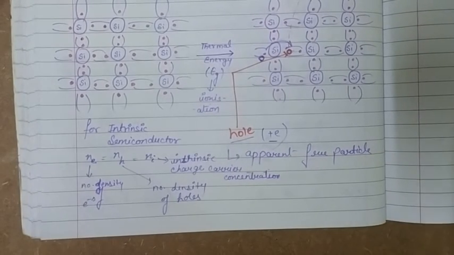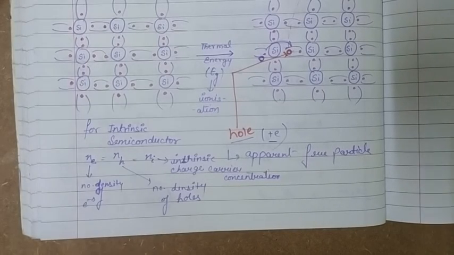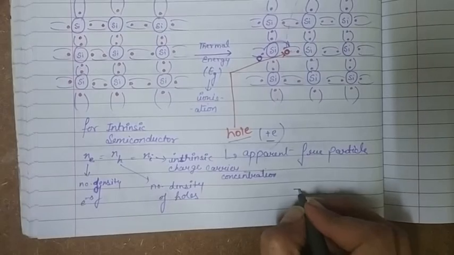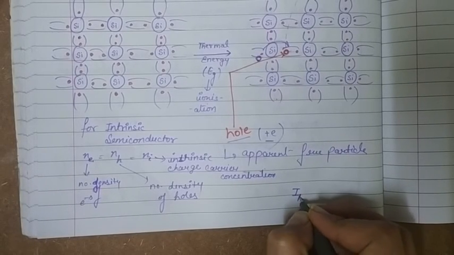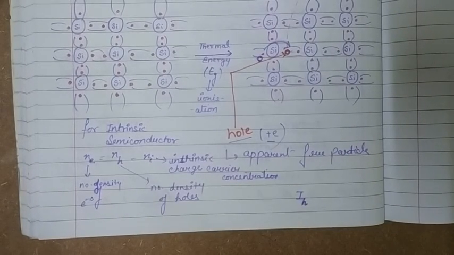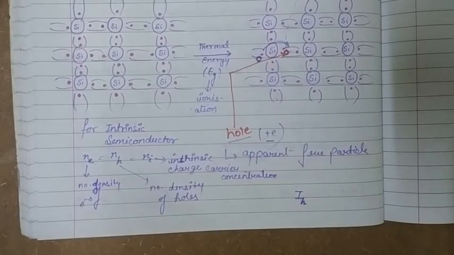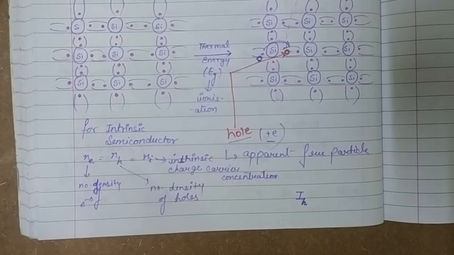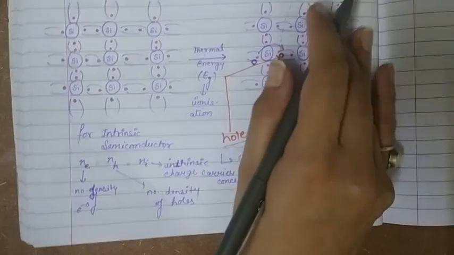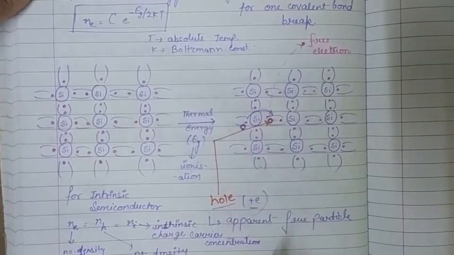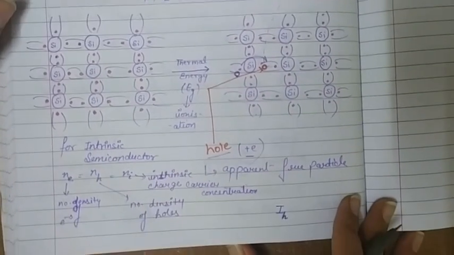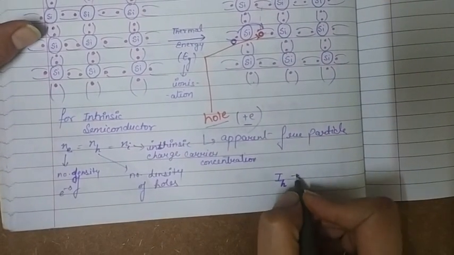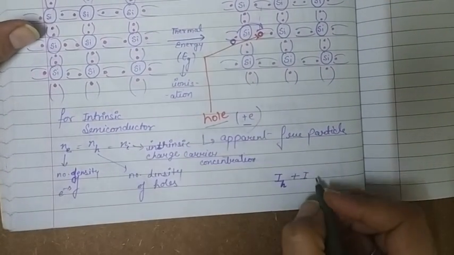so they act as positive charge carriers, and because of that we get some hole current and we represent it by IH. So IH is the hole current, which is because of the motion of these positive charge carriers, holes. Similarly, there are thermally generated free electrons which also give rise to an independent electron current, and we call it electron current IE.